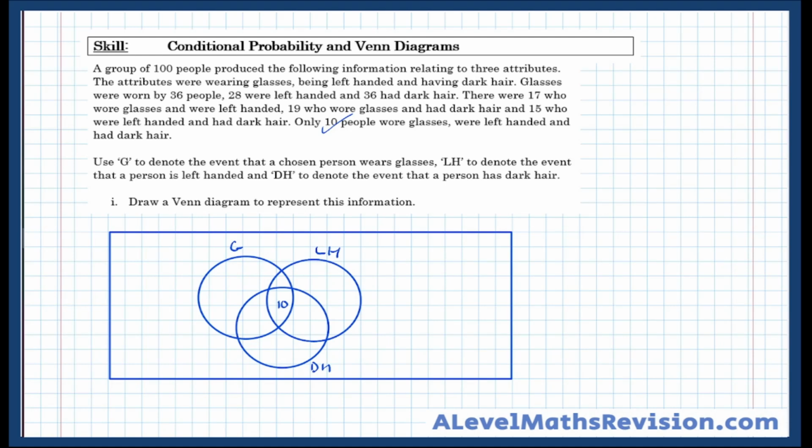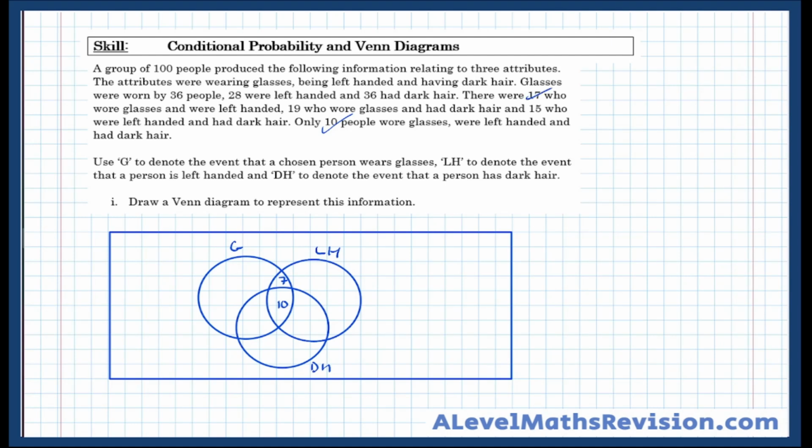Then let's look at the ones surrounding that with overlap. So it says here that there were 17 who wore glasses and were left-handed. So it's telling us that this here adds up to 17 for glasses, the overlap between glasses and left-handed. So that means 7 must go in there.